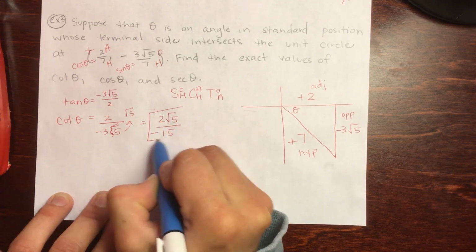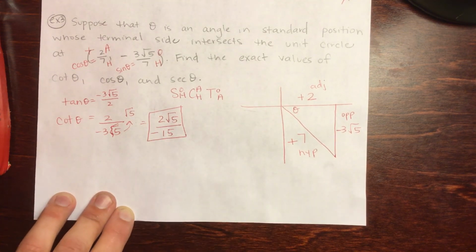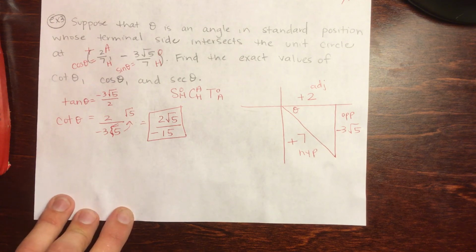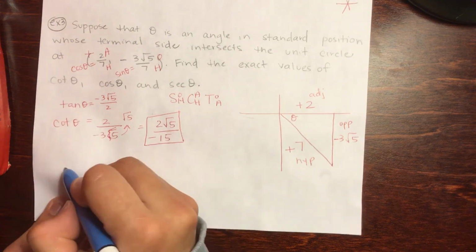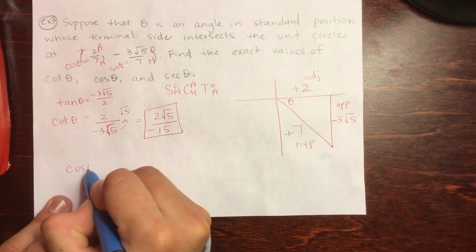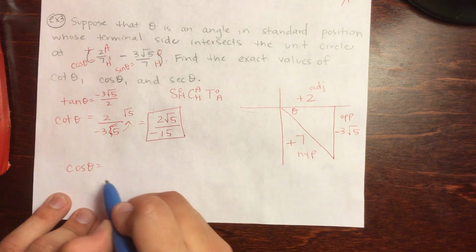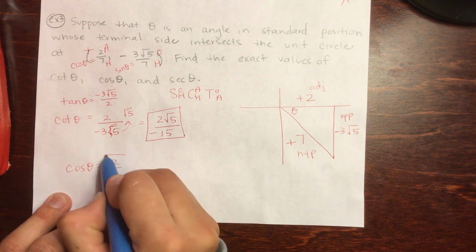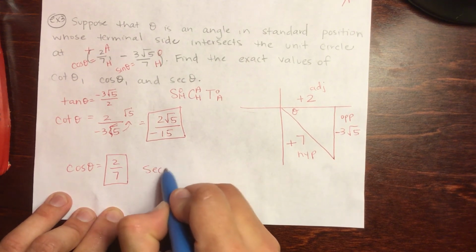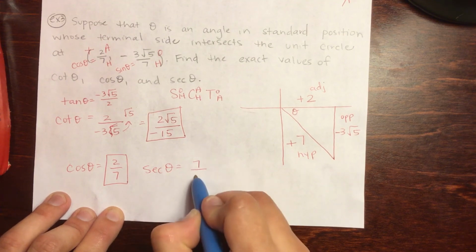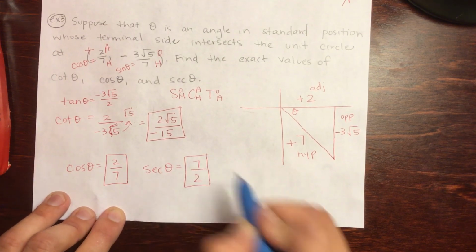And it doesn't matter if you put your negative at the bottom with the 15 or at the top or just out front. Just make sure this is a negative fraction. Cosine theta was straight up told to us in the problem because this was the unit circle, or if you look at your fraction, your fraction is 2/7. And the secant fraction is created by flipping your cosine fraction.